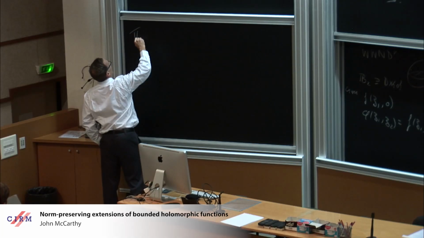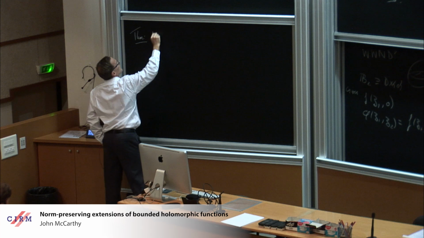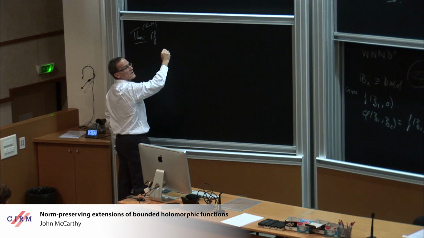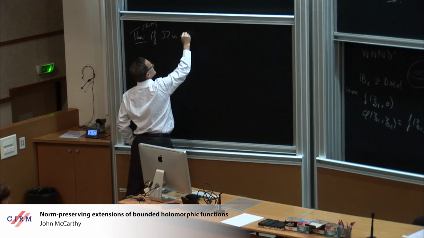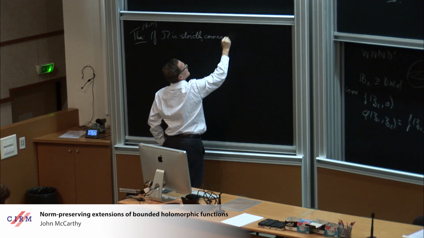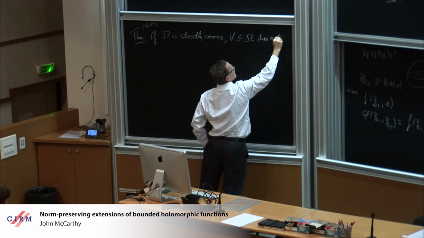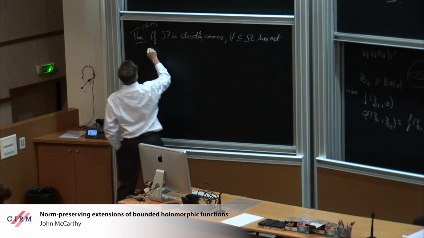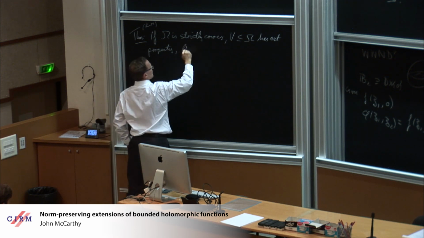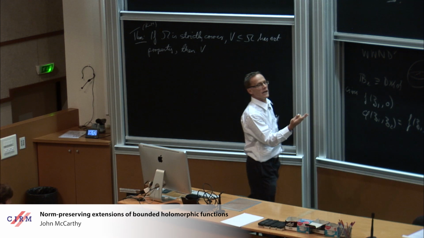So first, if we drop the two-dimensionality, we just have, if omega is strictly convex, phi has the extension property and is relatively polynomially convex, then V is a union of geodesics.